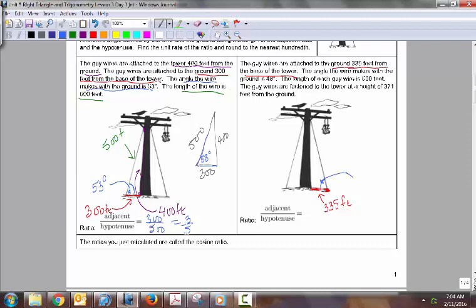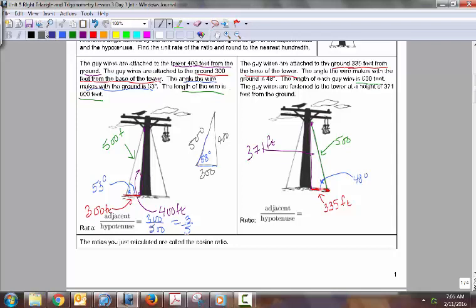So this angle here is 48 degrees. The length of each guy wire is 500 feet. The wire is 500 feet long. And finally, the wire is fastened to the tower up here, which is 371 feet from the ground.